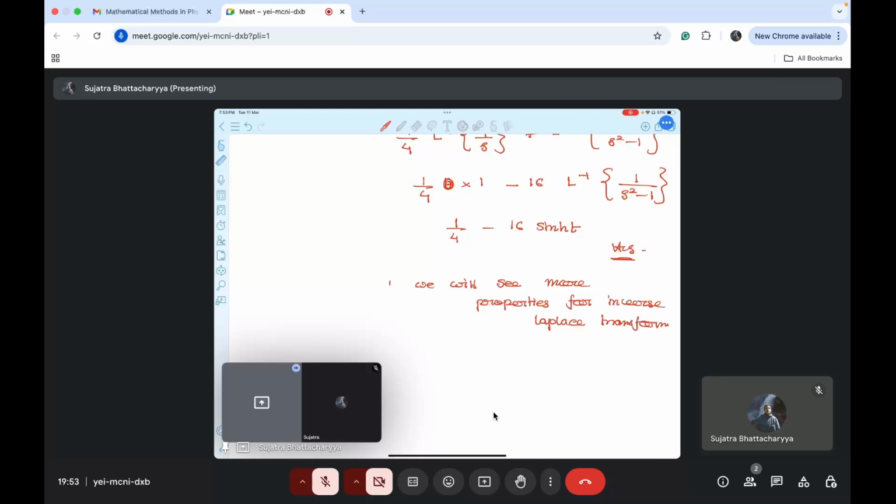Number two, we will use both the Laplace and inverse Laplace transform for solving ODEs.